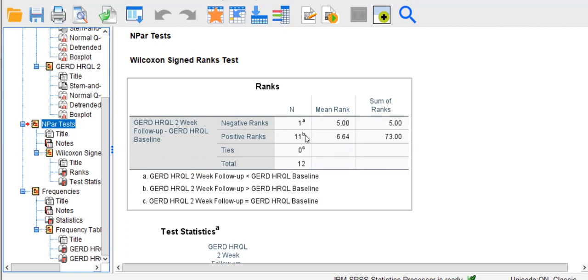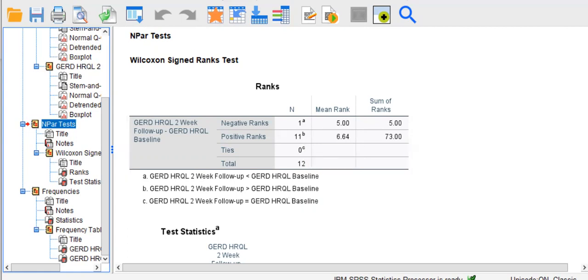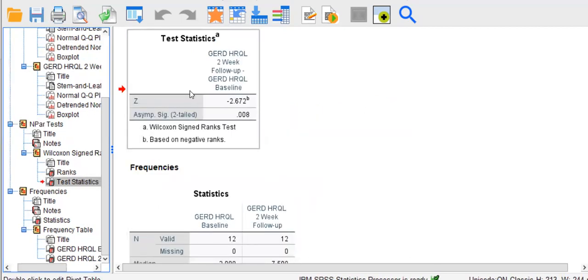Then 11B, there are 11 instances where the patient's follow-up score is higher or greater than their baseline score. Now let's go to the actual Wilcoxon signed rank test statistic. The Z is negative 2.67. The p-value is 0.008. Of course, that indicates a significant difference because it's less than 0.05. So we know that there was a significant difference between baseline and follow-up scores.